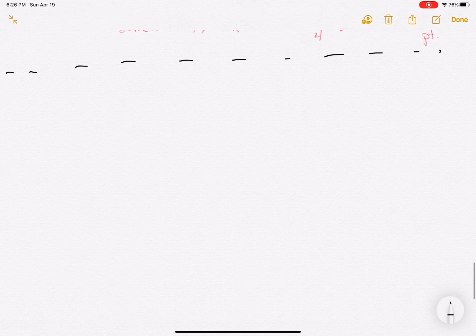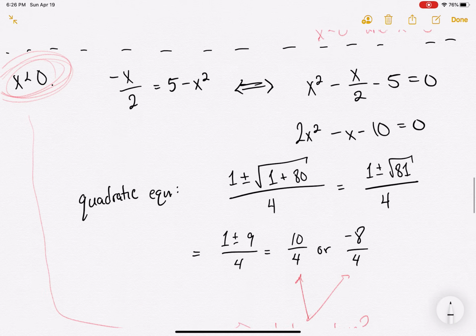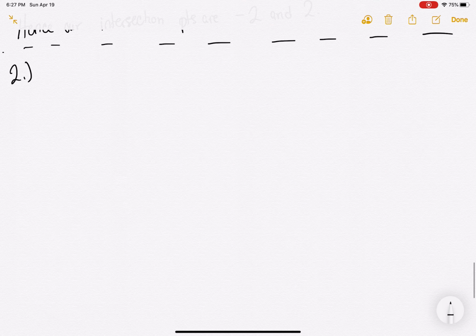So hence our intersection points are -2 and 2. So that brings us to step 2 of my lovely step process here. Integral from the lower intersection point to the upper intersection point, top curve minus bottom curve dx. Now is where a graph will help.